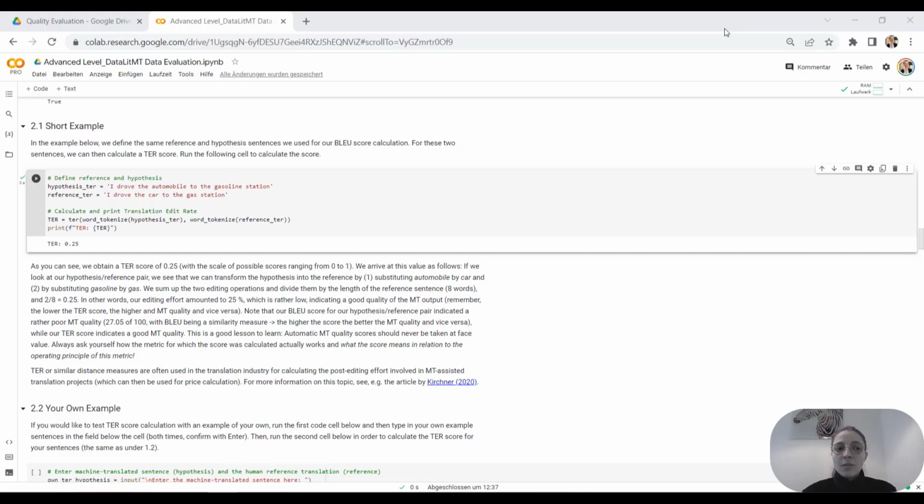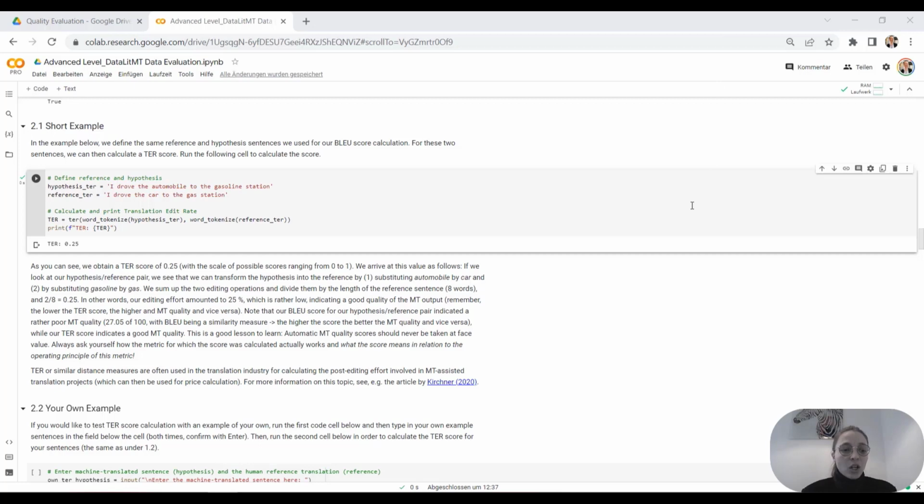Because for example, if you would look at the BLEU score above of 27, you would think, okay, it's quite a bad quality, but then you look at this TER score of 0.25 and you realize that the quality is not too bad after all. So it is always good to test different metrics and calculate different scores for your machine translations before reaching a conclusion.